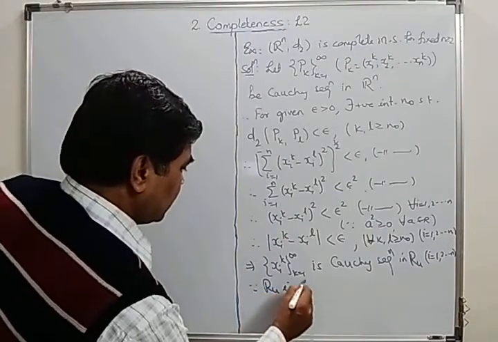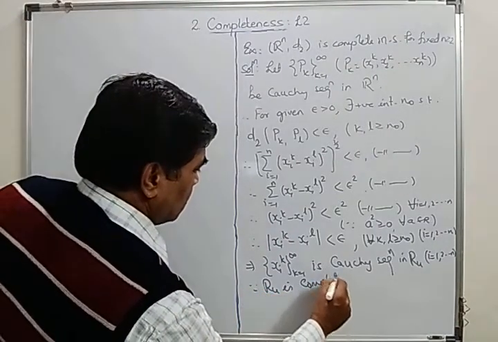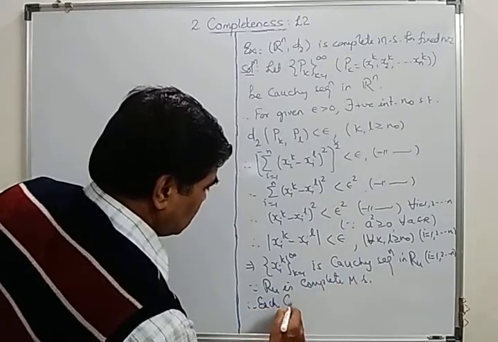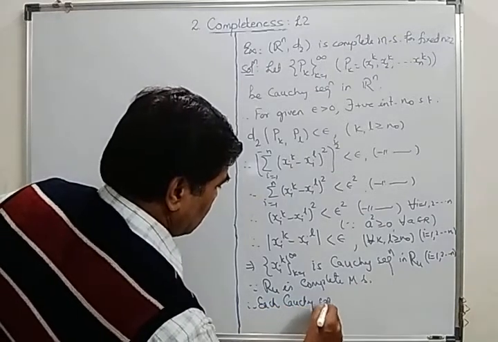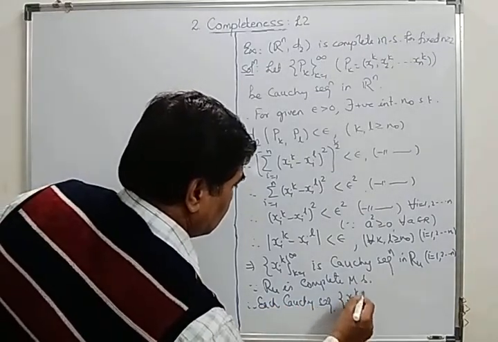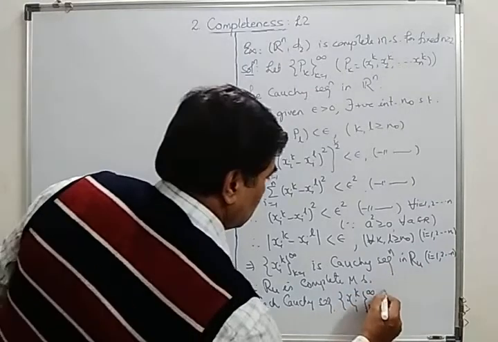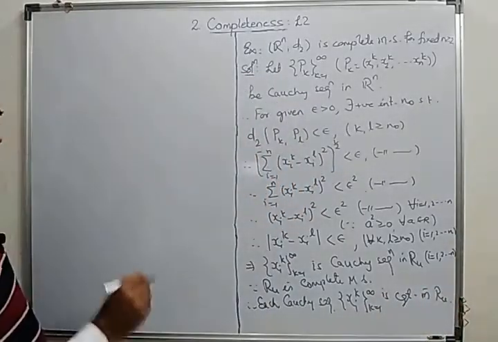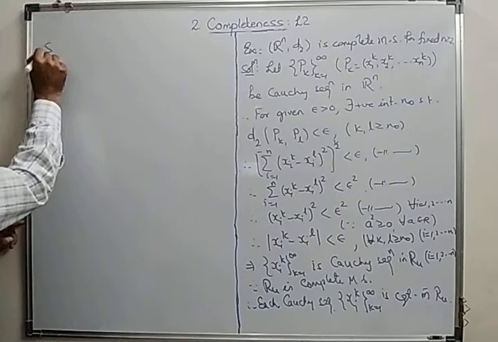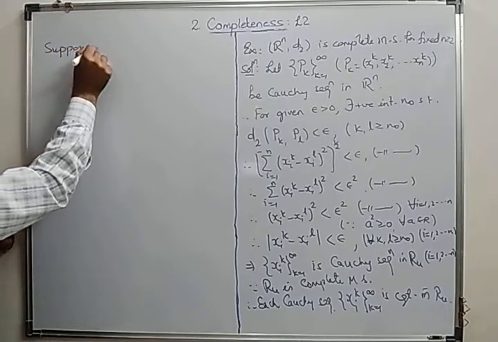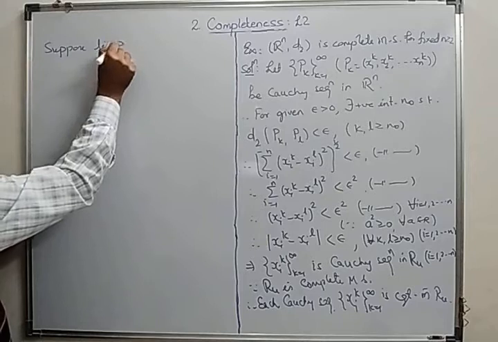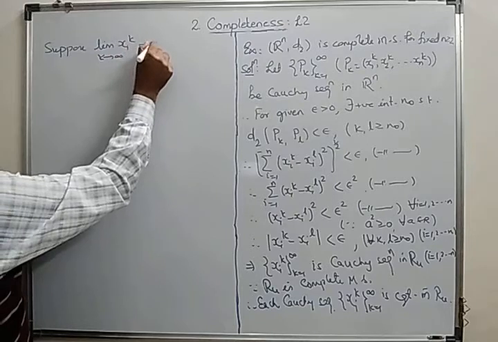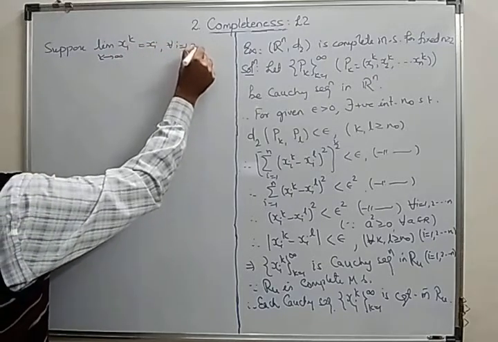Since R is a complete metric space, each Cauchy sequence xik is convergent in R. Suppose limit of xik as k tends to infinity is equal to xi for every i equal to 1 up to n.